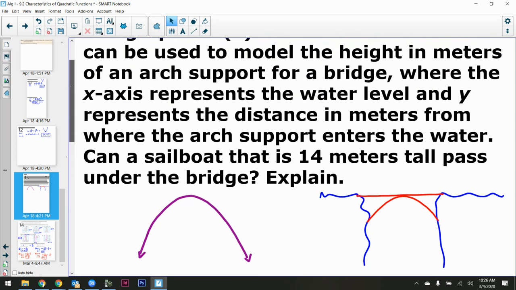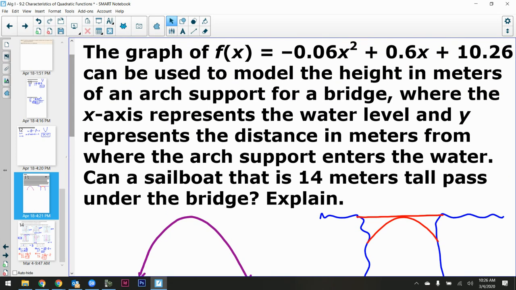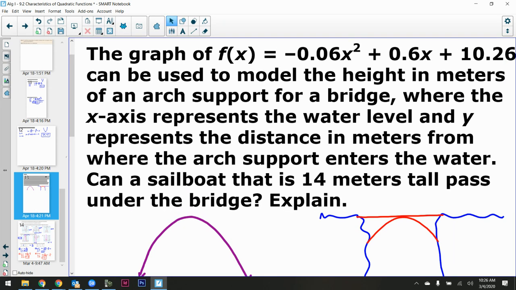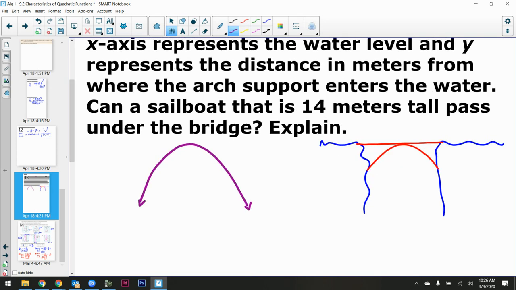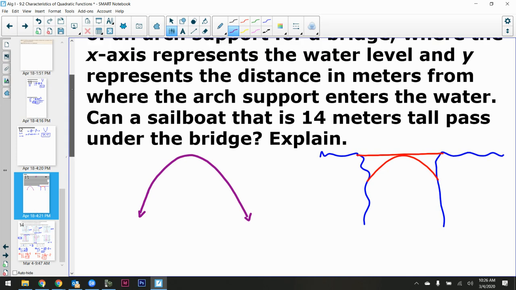Okay, so what they're saying is that somehow we came up with the equation. Now, how do you come up with the equation? That's for a little bit later on when you get into like Algebra 2 and stuff. We're not sure just quite yet. But here's the equation that models this arch support. What's this telling us? It's going to point downward, right?